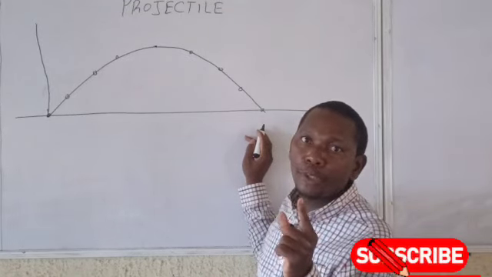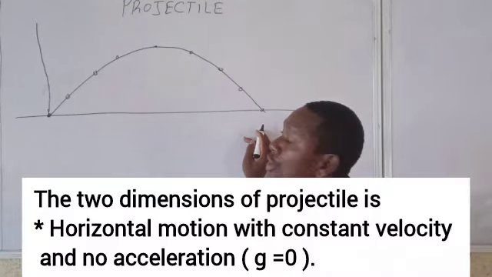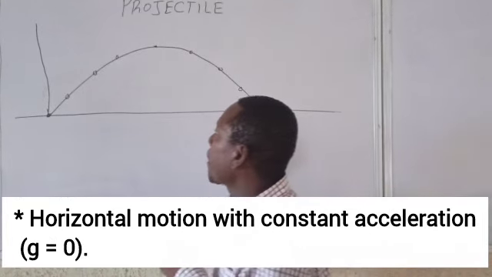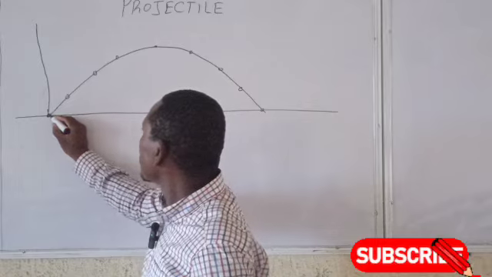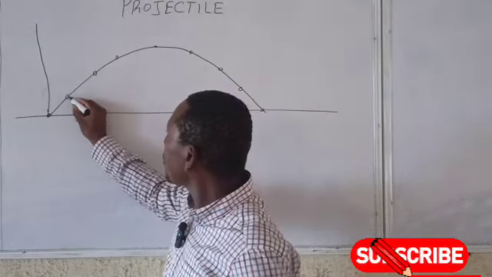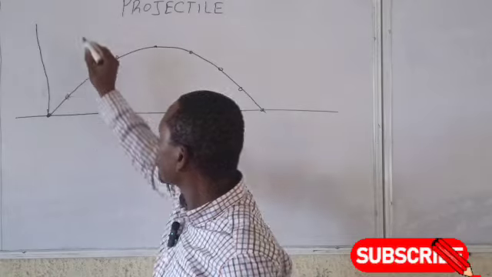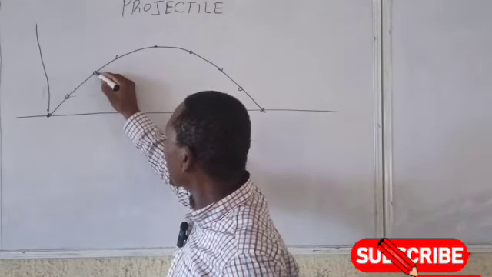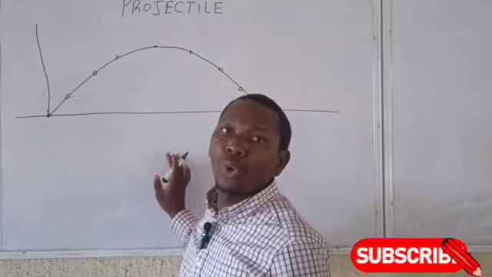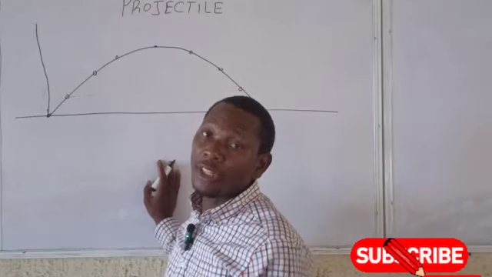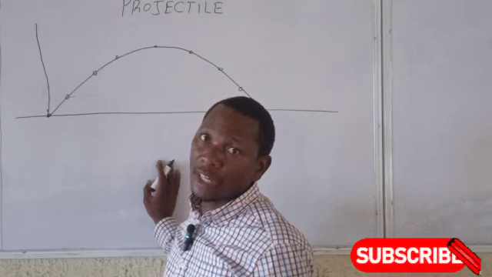A projectile moves in two components, the vertical component and the horizontal component. At this point, this is the horizontal component, this is the vertical component. Here, the same thing. So, we have two components: the horizontal component and the vertical component.